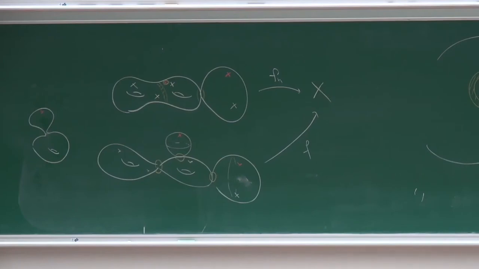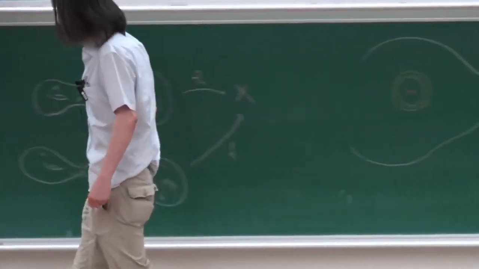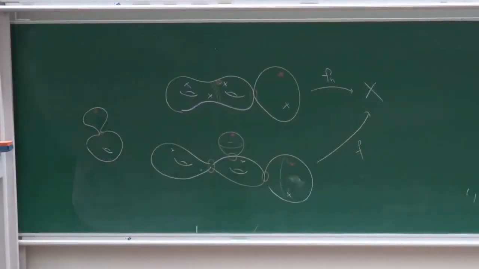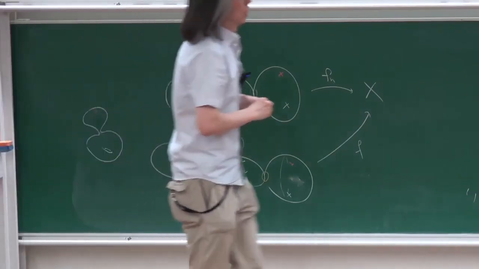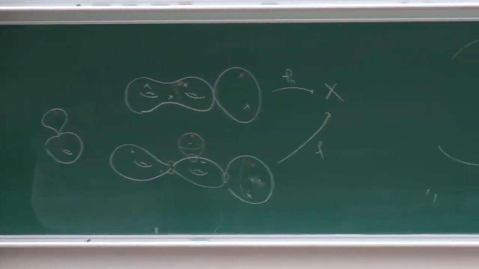There may be some component which is stable because you have this marked point. If you forget this marked point, then it will not be stable anymore, so then we have to throw it away. But anyway, this is a little bit tricky.